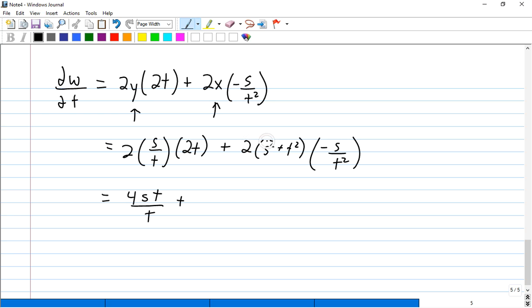I'm going to multiply the 2 and multiply the negative s in. So that's going to make that a minus 2s cubed. And that's going to make that a minus 2t squared s. And they both have a denominator of what? T squared.